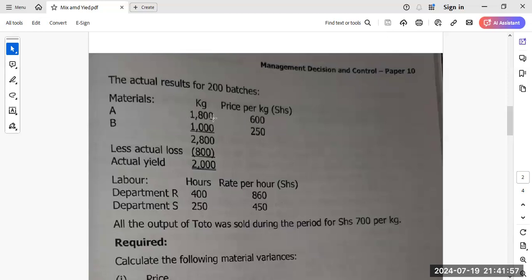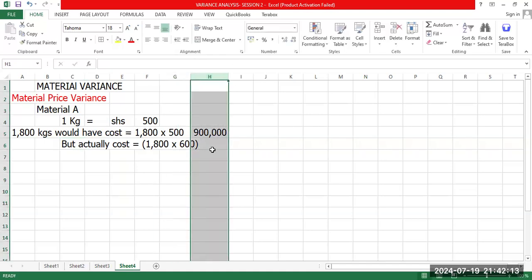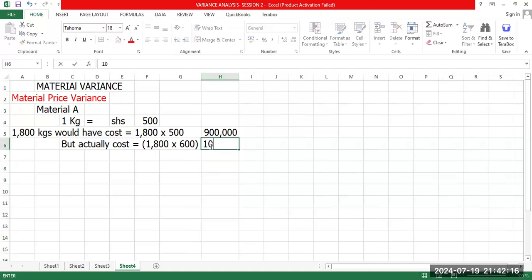So get 1,800 times 600. How much do you get? 1,080,000.